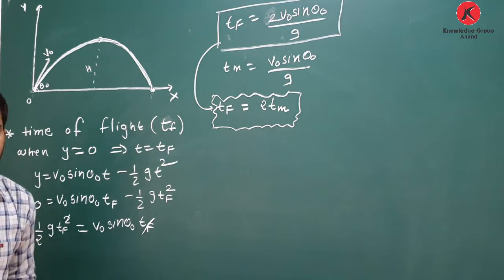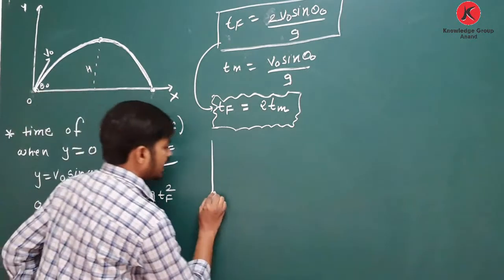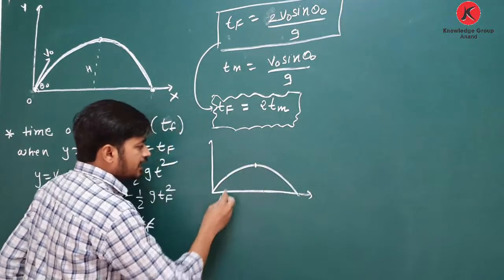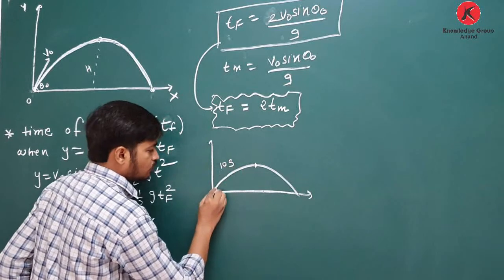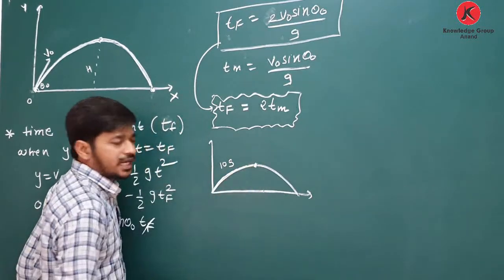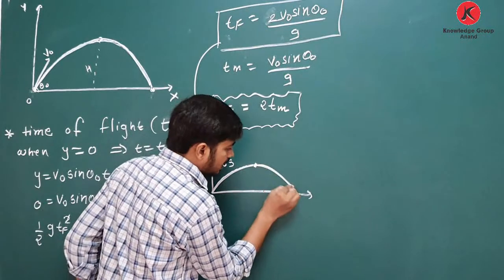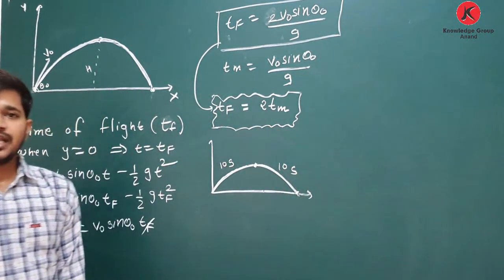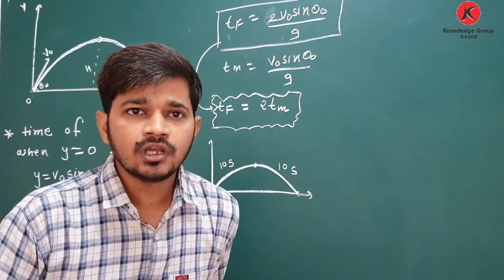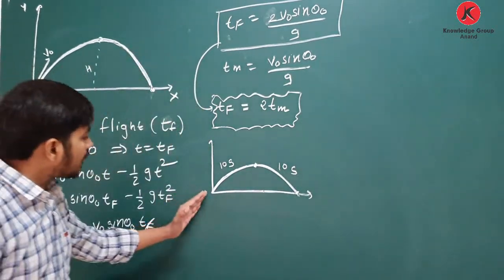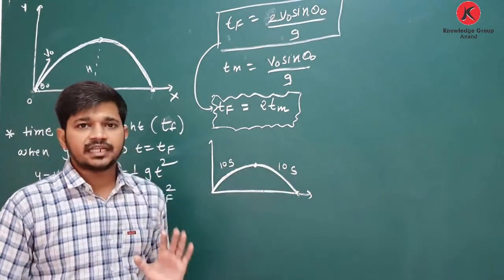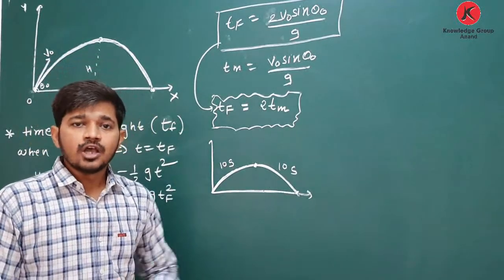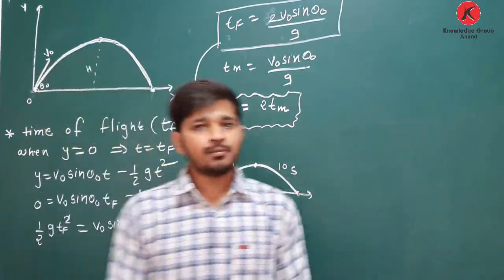If I say this is the path of the object, it takes 10 seconds to move from the ground to maximum height, then from this maximum height to the ground at the same level again, it will take 10 seconds. Clear about this? It means time of ascending is equal to time of descending. So yes, you have to remember this point.